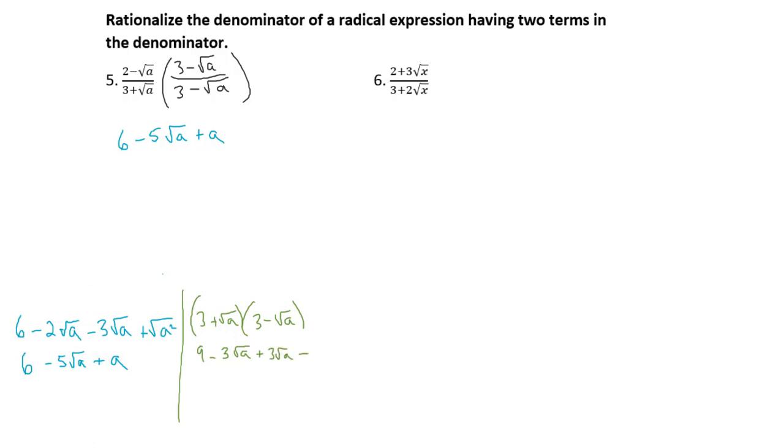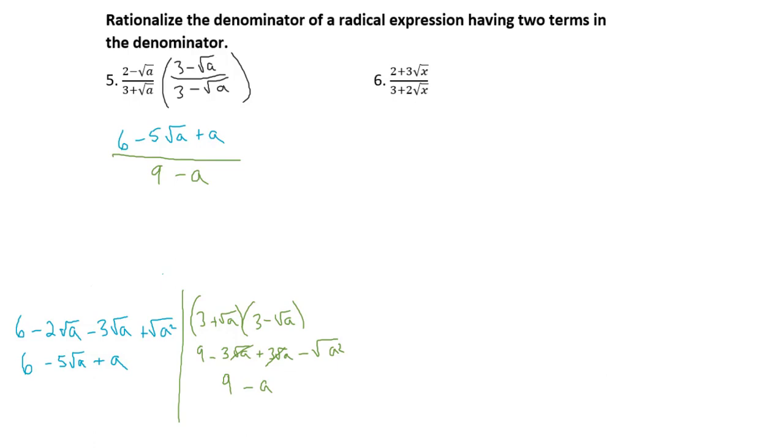Minus, since positive times negative is negative, square root of a squared. This cancels, and we get 9 minus a. So on bottom, we have 9 minus a. And there's no GCFs that can be factored out, so that is our final answer. All right, let's do the next one.